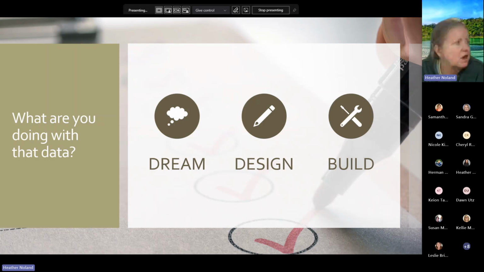How about someone else? What are you doing with your data? Well, Heather, this is Cheryl. I'm working with the students, and we certainly look at their performance more as an assessment than an evaluation. Are they progressing, more than have they met?